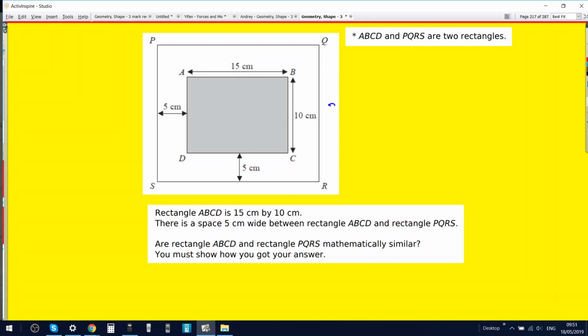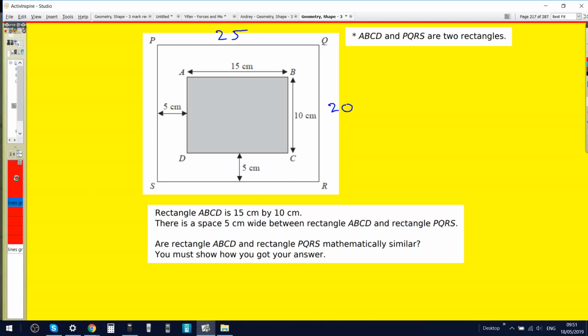Yep. And then can you just say they are mathematically? Oh, actually, no. I just do the width as well, don't I? Mm-hmm. And so the width will be like 25, and so do I need to then say?